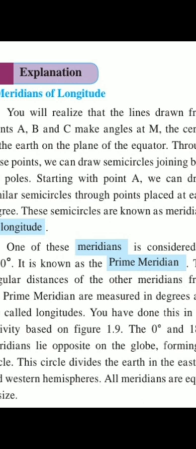The angular distance of other meridians from the prime meridian is measured in degrees, and these are called longitudes. The prime meridian divides the earth into eastern and western hemispheres, equal in size.